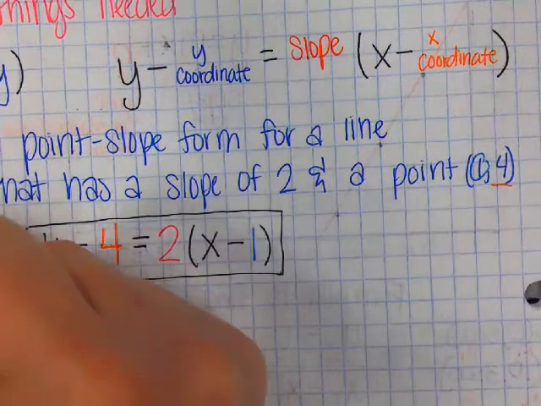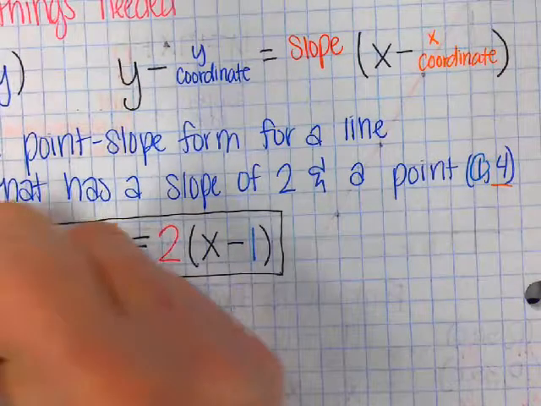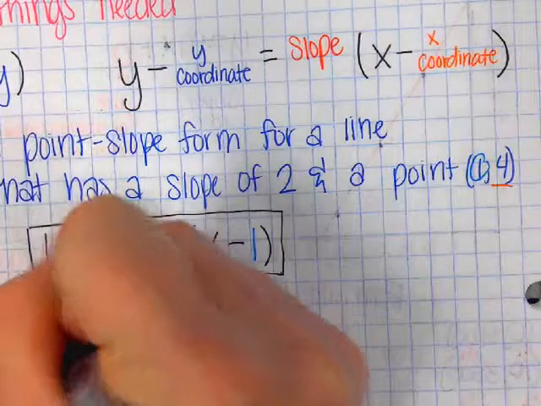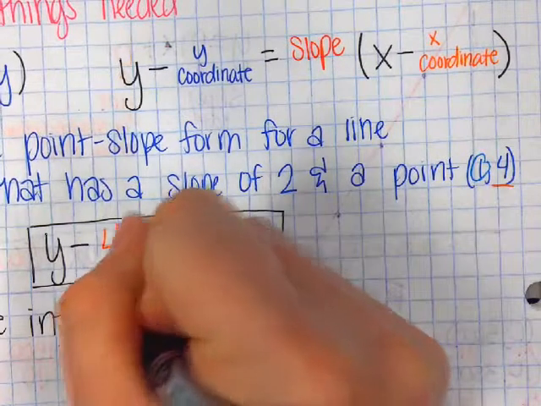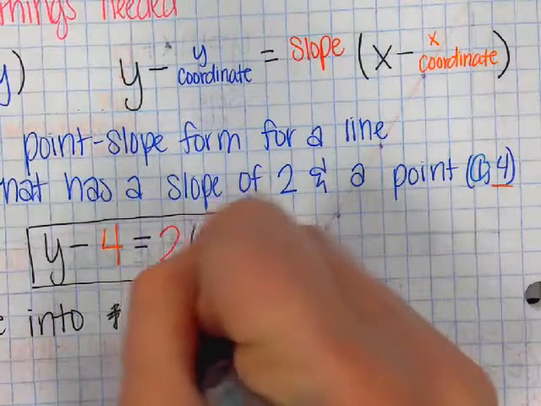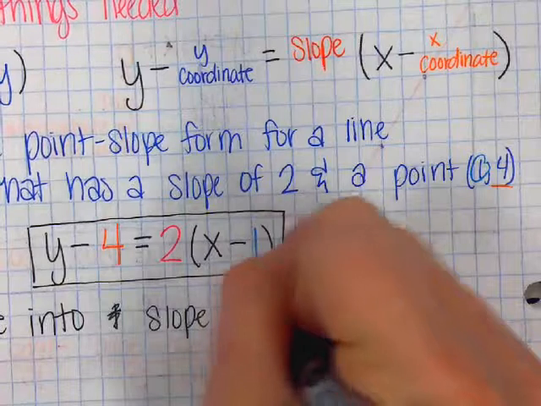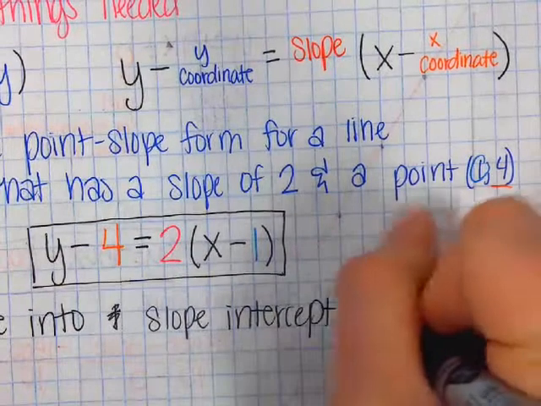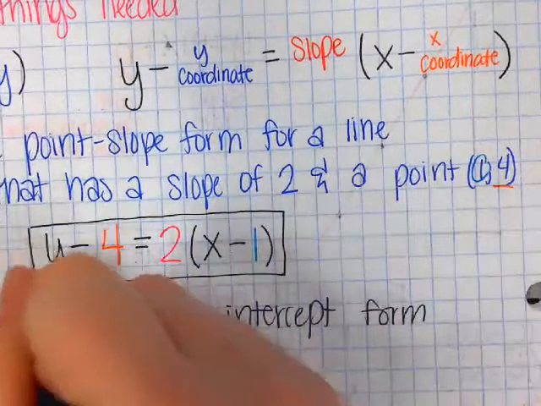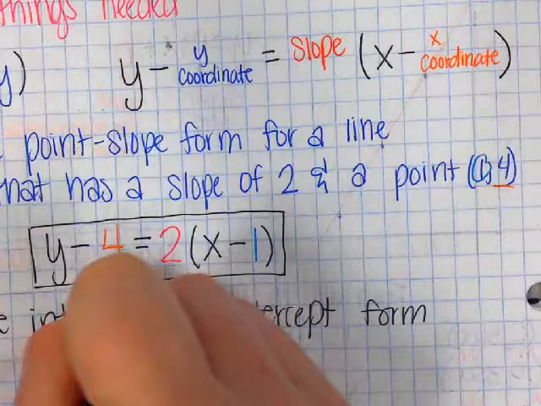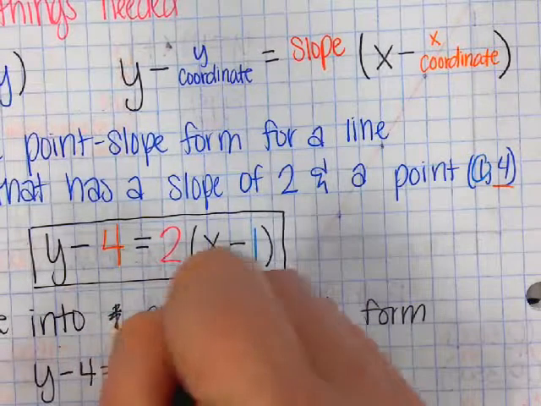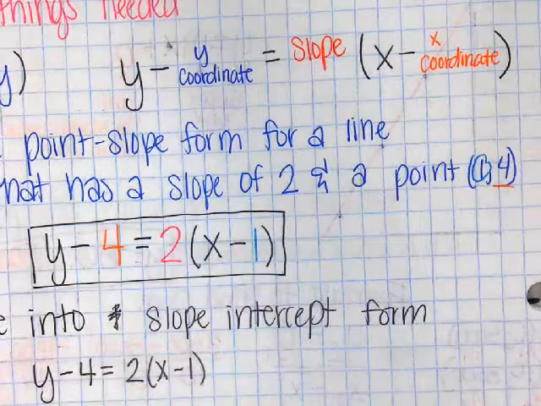So I'm going to go ahead and say write into slope intercept form. So y minus 4 equals 2 times x minus 1.